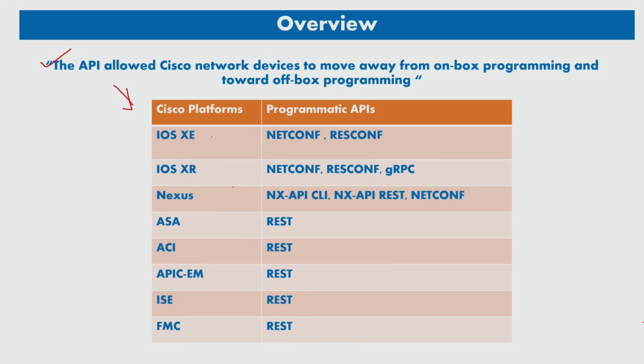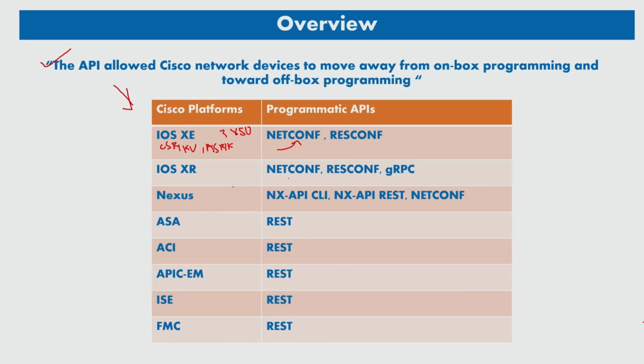So for IOS XE, right, devices like the Cisco CSR 1000V, ASR 1K, I'm just gonna put it here. Okay. The Catalyst 3850. These guys use NETCONF and RESTCONF. Okay.